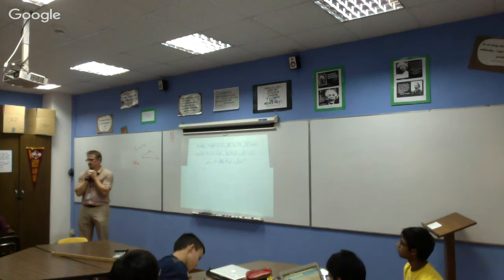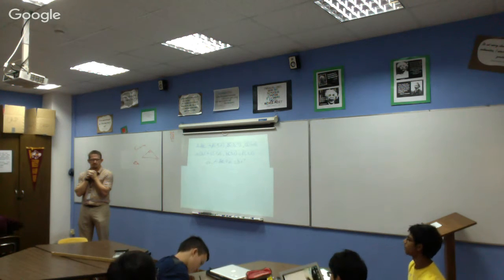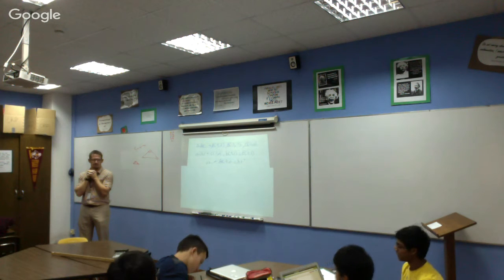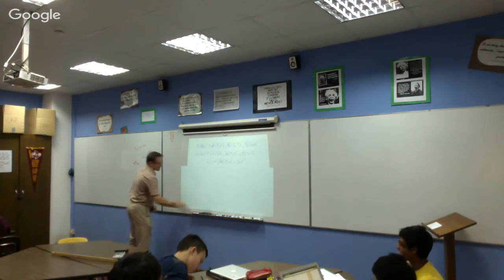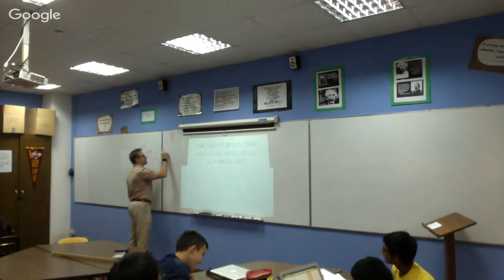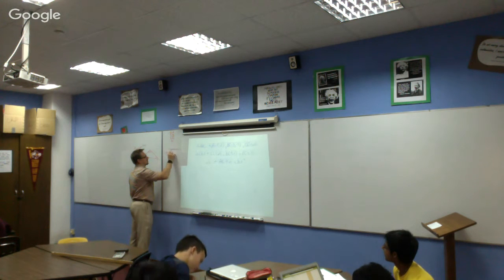How do I find the measure for those? There is a formula, the distance formula. What is the distance formula? The square root of (x2 minus x1) squared plus (y2 minus y1) squared.